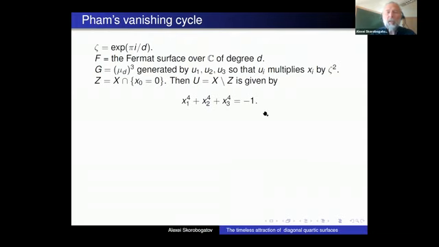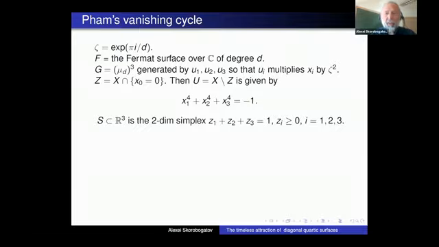So U is the affine Fermat surface of degree d, which is given by the equation x1 to the d plus x2 to the d plus x3 to the d equals -1. And this -1 is the reason why I need zeta, and not just the primitive root of degree d.